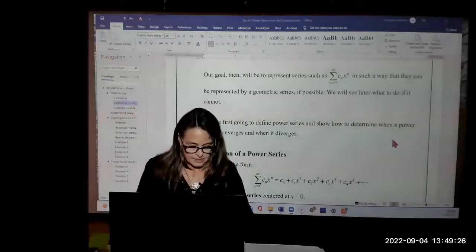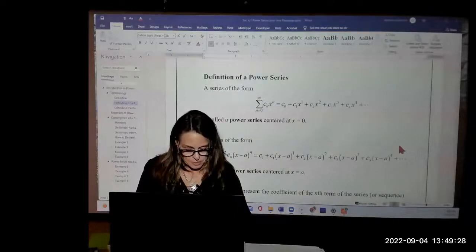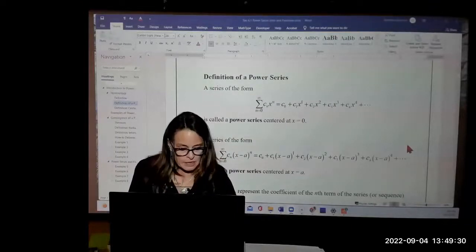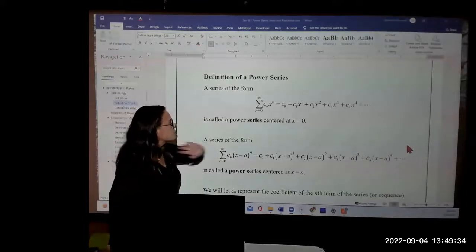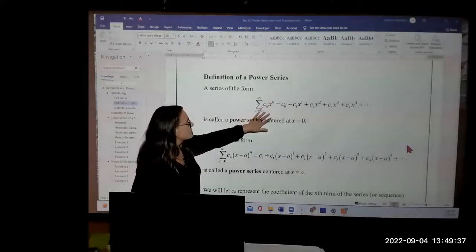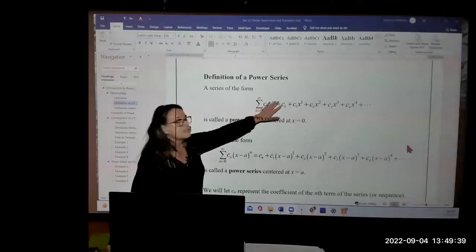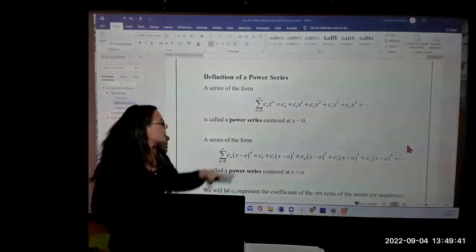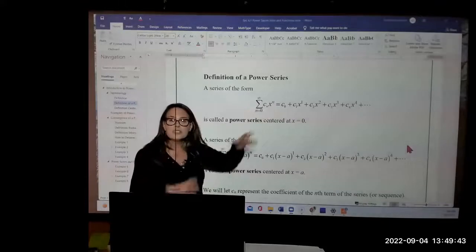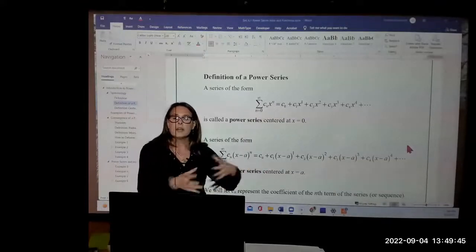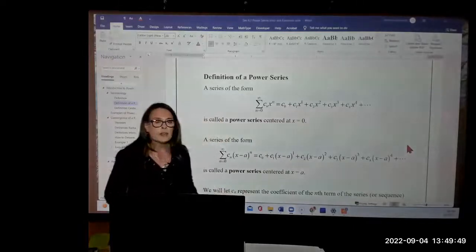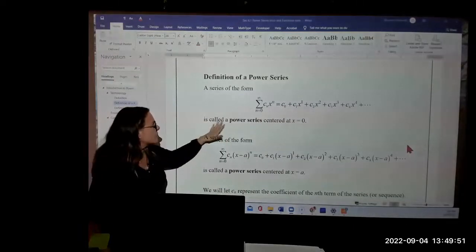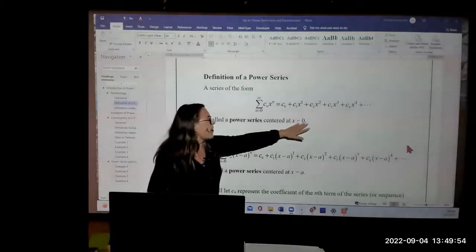So let's go ahead and define a power series more formally. So when we're looking at the definition of a power series, we'll start with the basic one, which is c sub n x to the n. This is just the basic one, but again, you may have some coefficients here that may change depending on which term you're in. So the constants may not always be the same thing. And then this is called a power series centered at 0.